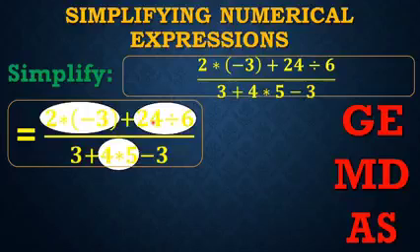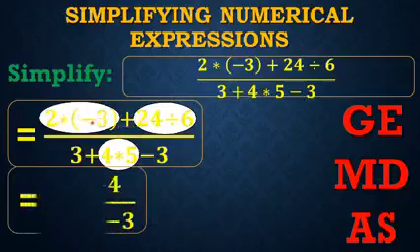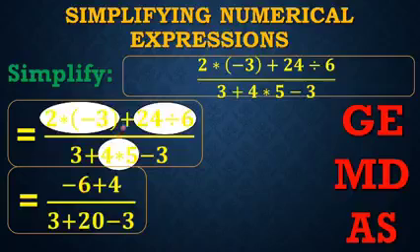Again, we're still on multiplication and division. 2 times negative 3 is equal to negative 6. Bring down the plus sign. 24 divided by 6 is equal to 4. Over, bring down 3, bring down plus. 4 times 5 is equal to 20. Bring down minus 3. We're now done with multiplication or division.